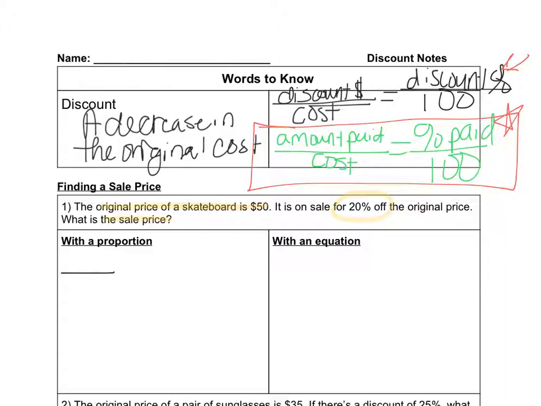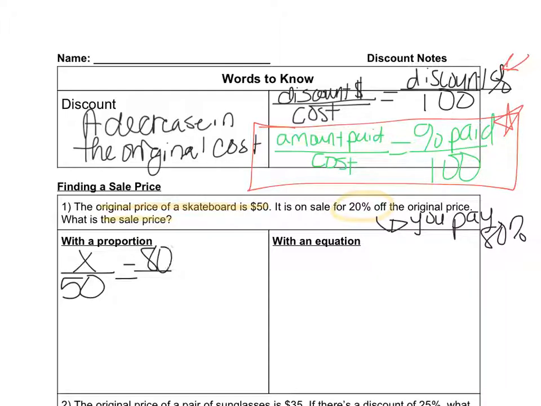So we're going to have an X here. It tells us the original price, $50. And then it's 20% off. That means you pay 80%. So that's what we're going to use for our percent is 80, because that's the percent that you're paying.